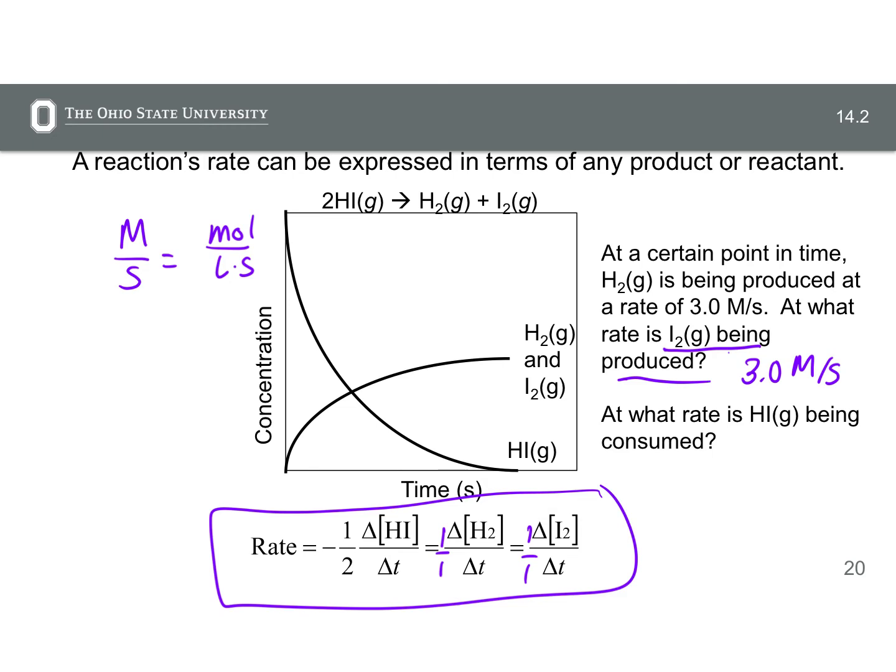Those are pretty typical units for our rates when we're working with aqueous solutions especially. And you can tell that the rates are going to be the same. Take a look at our plot here. We have concentration on Y, time on X. And we've essentially drawn one line for both the formation of H2 and the formation of I2. We can do that because their stoichiometric coefficients are the same. That's what's dictating the rate of the reaction in this case.